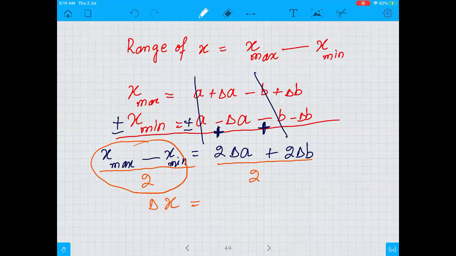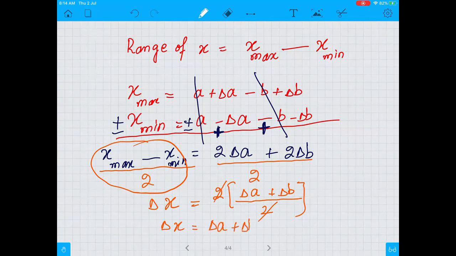The random uncertainty in x will be equal to, if we take 2 common, delta a plus delta b, over 2. So this 2 is cancelled with this 2, and as a result, uncertainty in x will become the sum of uncertainties of a and b.